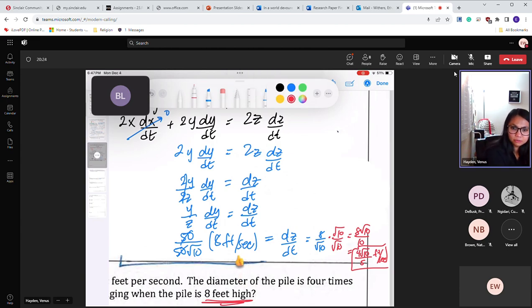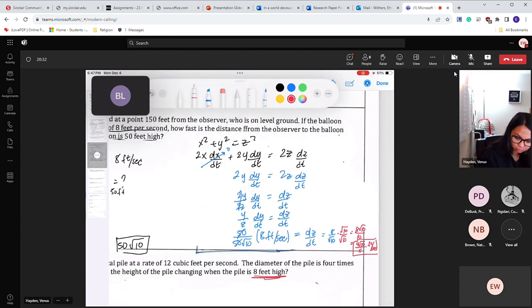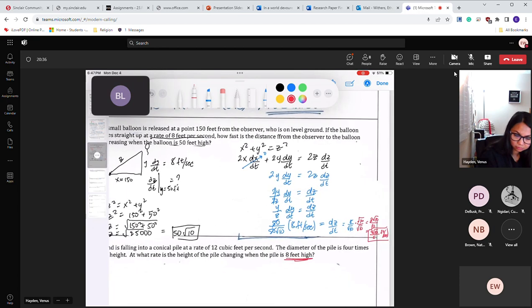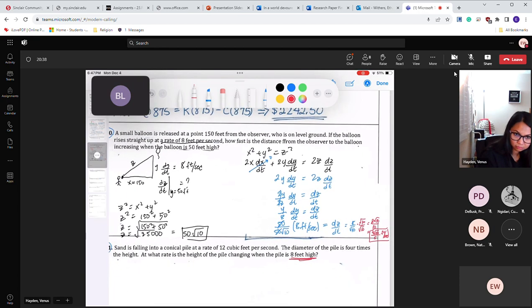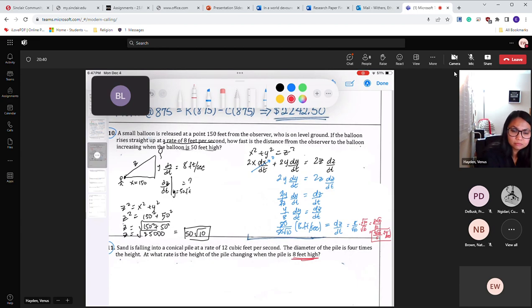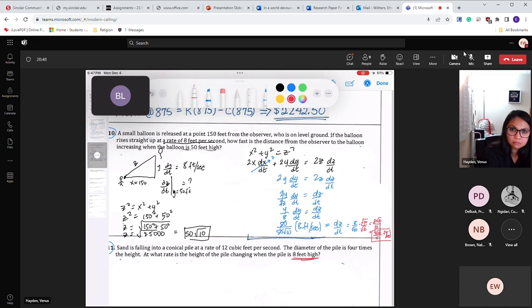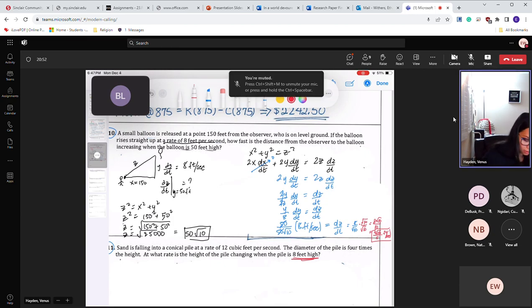Does anybody want me to zoom out first so that you can do a screenshot or something? Can we proceed to the next problem? Yes? Okay, thank you.